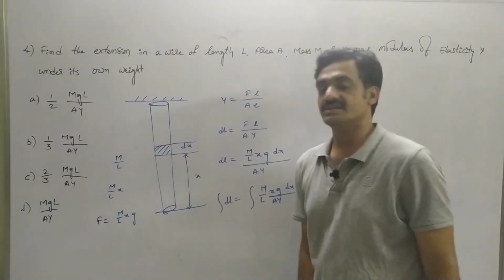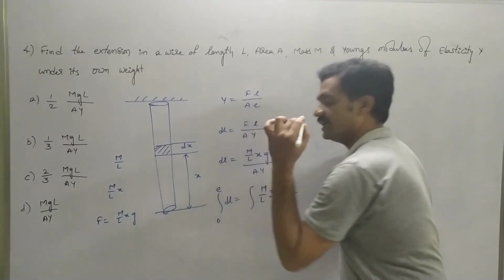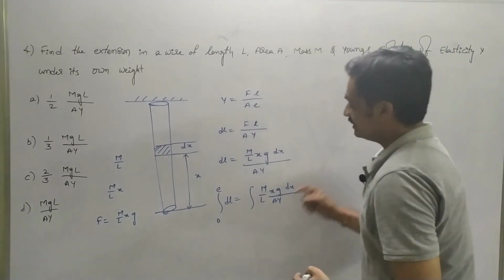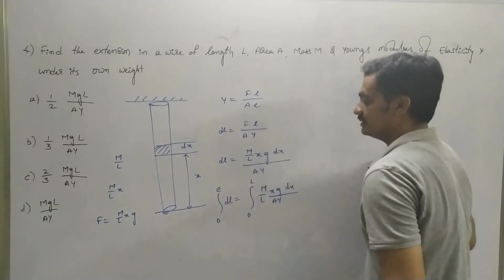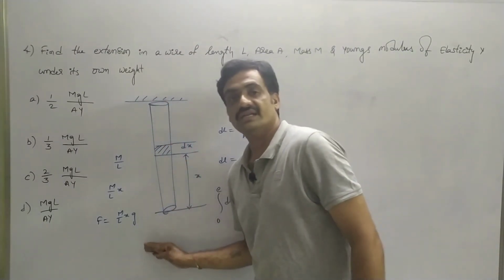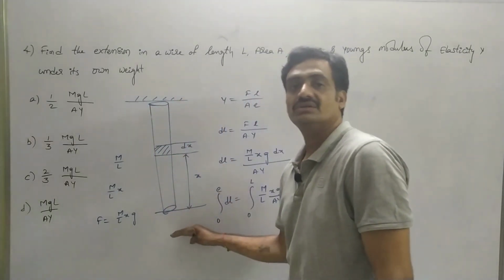Now we have to apply the limits. The extension is represented from 0 to e, and the length of this wire is represented from 0 to L. Why? Because the total length of the wire is L. So we are going to consider from this end towards this end.